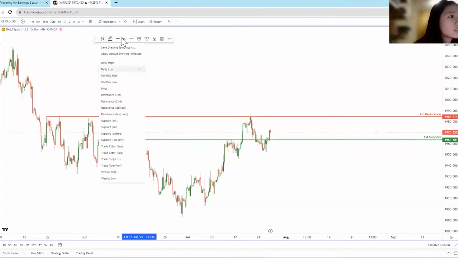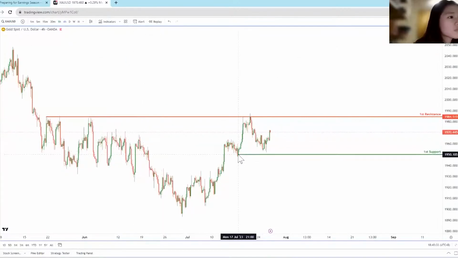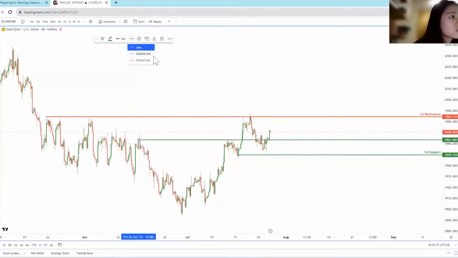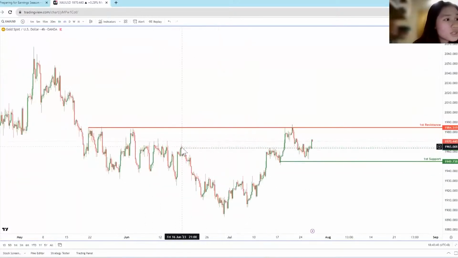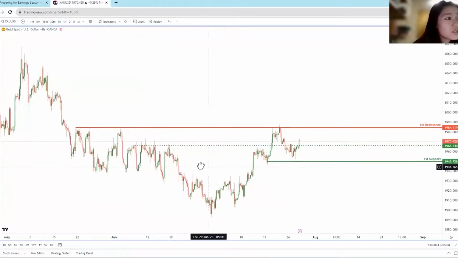Okay, I'm just gonna highlight this level as my intermediate support level. Why? Because we have seen that price has tested this level many times.